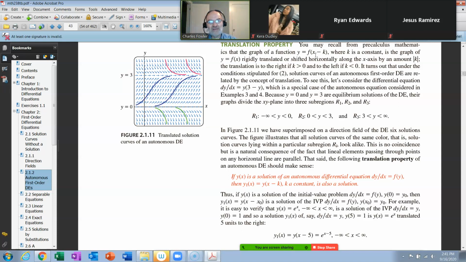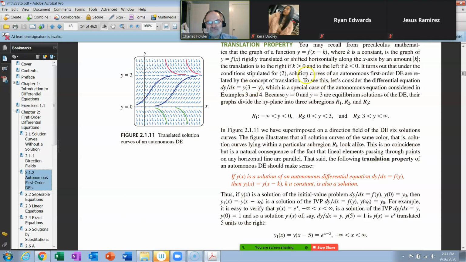If k is a negative constant, then you just translate it to the left. The graph of y equals f of x is rigidly translated or shifted horizontally along the x-axis by the amount absolute value of k. Whether k was positive or negative, it shifted that amount. It's shifted to the right if k is positive, to the left if k is negative.